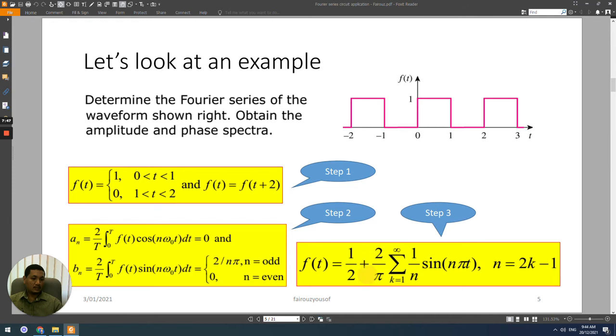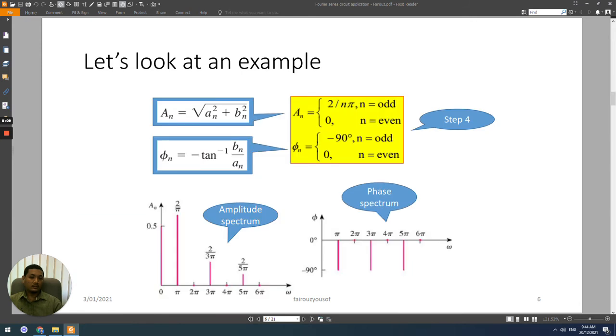So this thing here, 2 over n pi, is the b_n, and pi is the omega naught. So b_n is 2 over n pi, a_n is 0, so taking the square root, capital A_n, the amplitude, is equal to b_n, which is 2 over n pi.